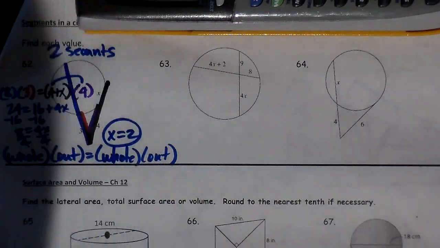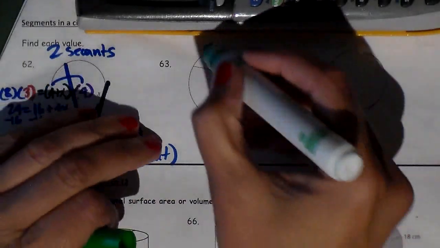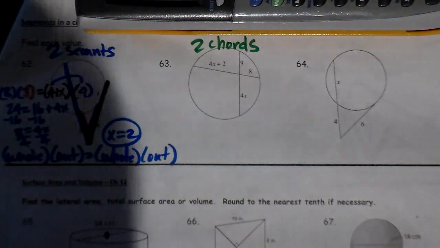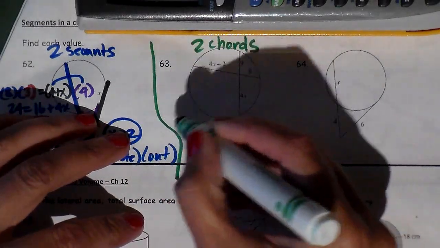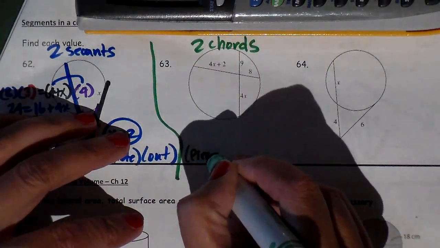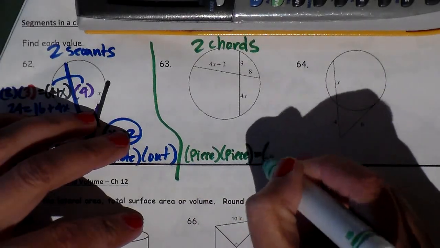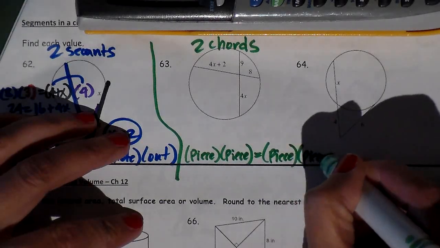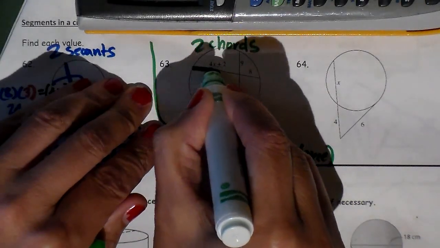Okay. So now let's look at 63. These are two chords. Chords are piece times piece equals piece times piece. Okay? So let's look at this chord.